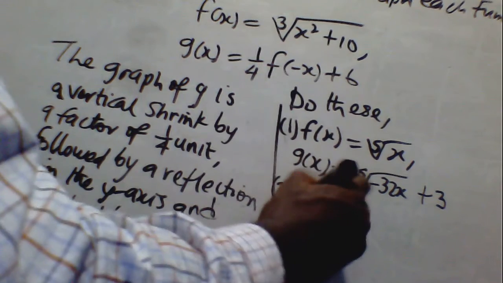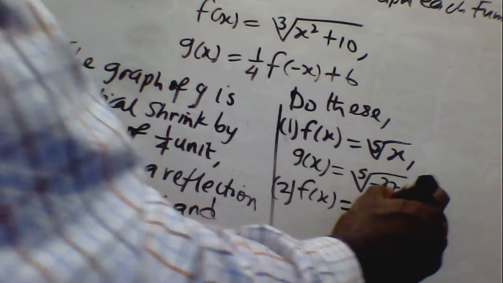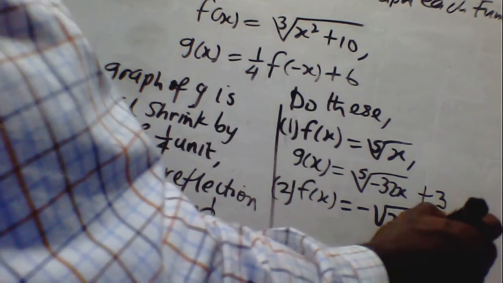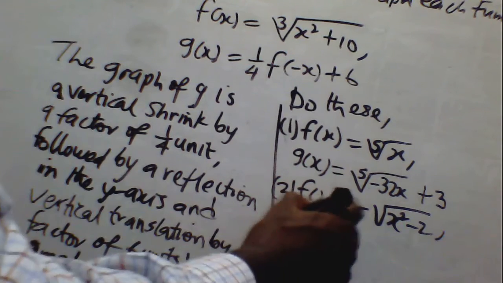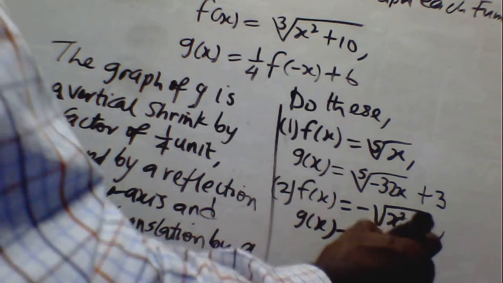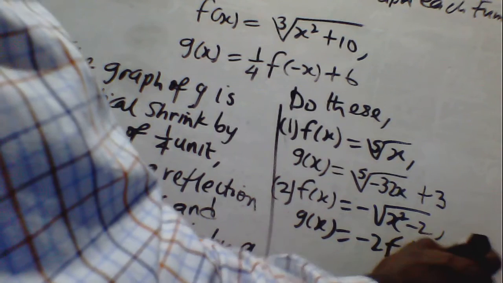The second is f of x is equal to negative the square root of s squared minus 2, and g of x is minus 2 f of s plus 5.